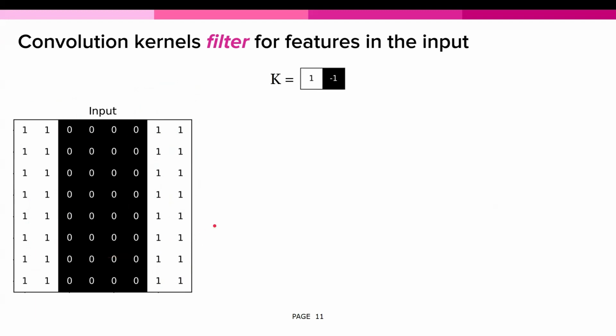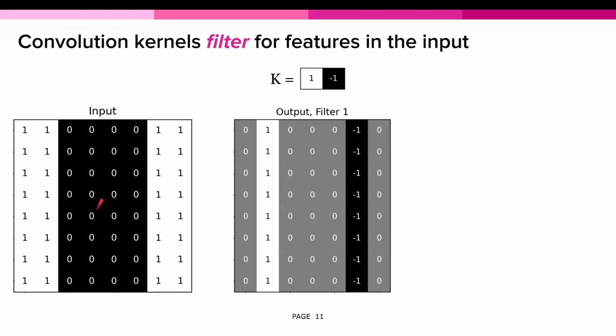So let's consider this kernel here. It has a height of 1 and a width of 2, and the respective values are 1 and -1. When we perform convolution with this kernel, we slide it across this input image, and then we get this output here.